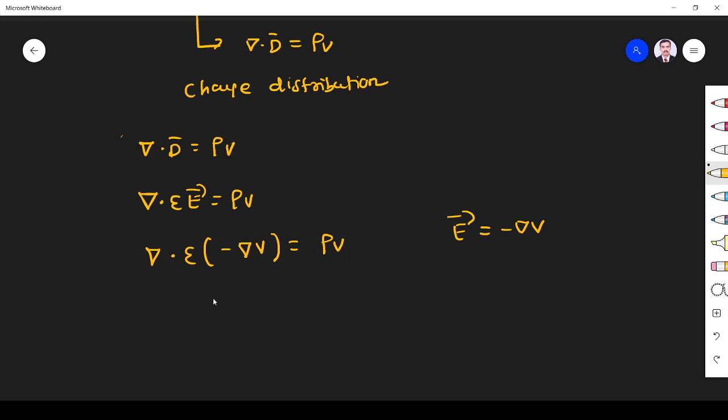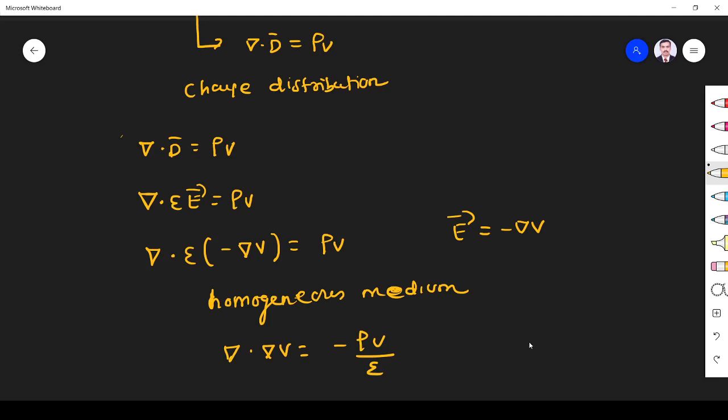Now if the medium is homogeneous, we can bring epsilon to the right-hand side and we can write del dot del V, right? So that is equal to minus rho V by epsilon.